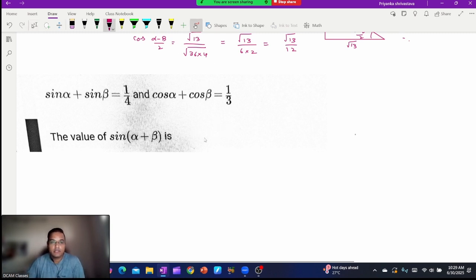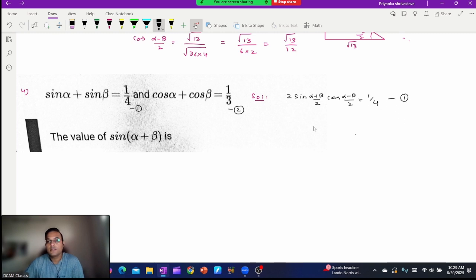See, this question is your fourth question. Now, how to solve this? They ask us the value of sine of alpha plus beta. We know sine alpha plus sine beta is already given, so let's not write it again. This is your 1, this is your 2. You can write this as 2 sine (alpha plus beta)/2 cos (alpha minus beta)/2 is equal to 1 by 4.